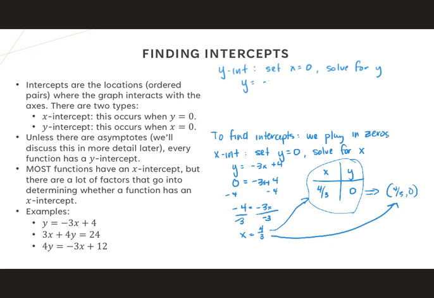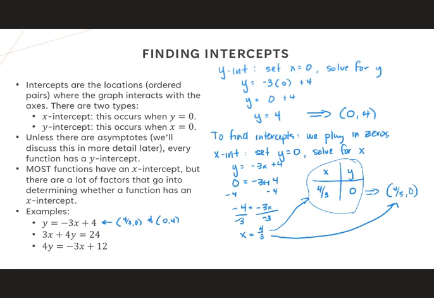So y is -3 times 0 plus 4. -3 times 0 is 0, so y is 4. And so this is going to come to be the point 0, 4. Okay, so our two intercepts for this line are going to be 4/3, 0 and 0, 4.